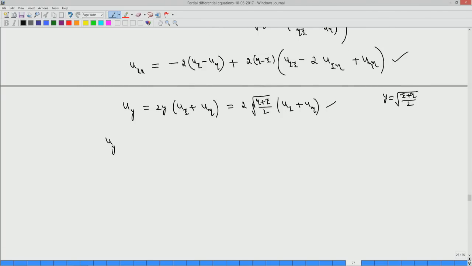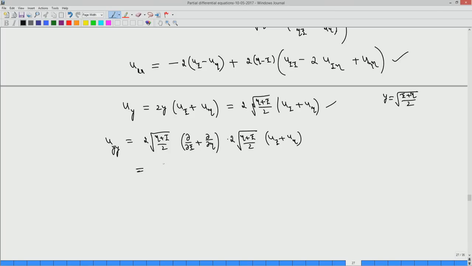So, once you know that, you can write u y as, dou y is now 2 times square root of eta plus xi by 2 into dou xi plus dou eta acting on u y. So, this is into 2 times square root of eta plus xi by 2 into u xi plus u eta.